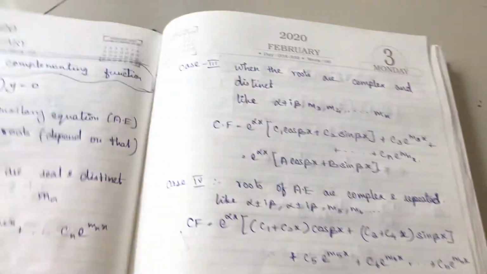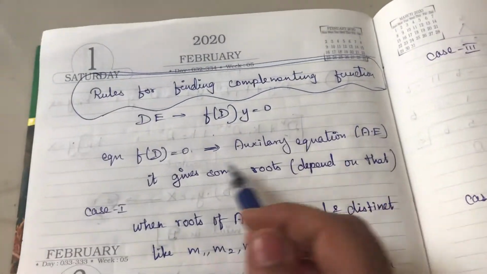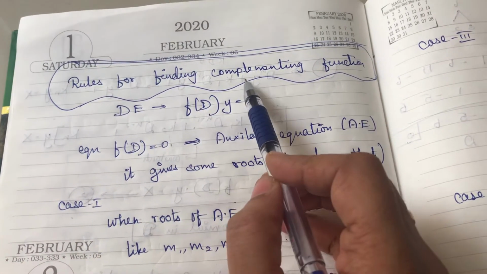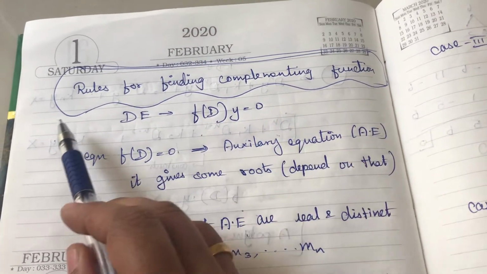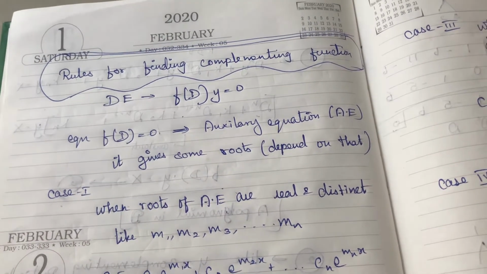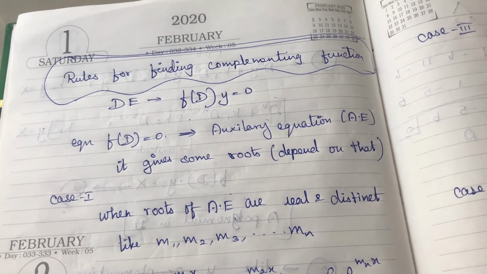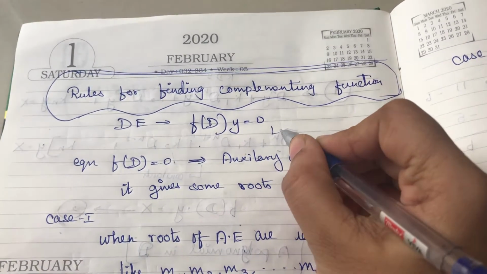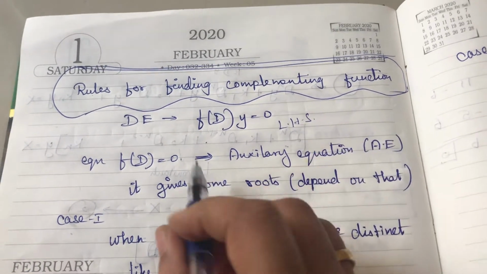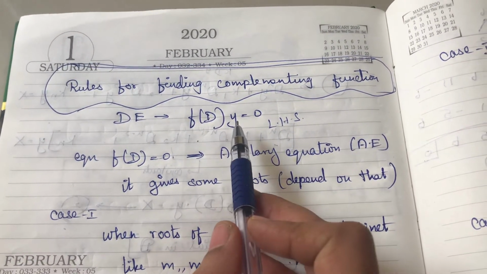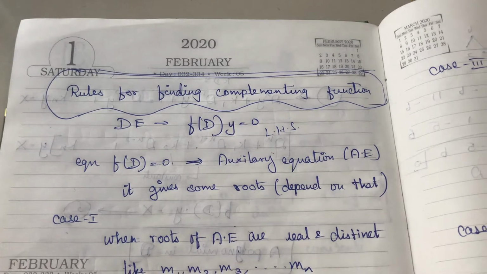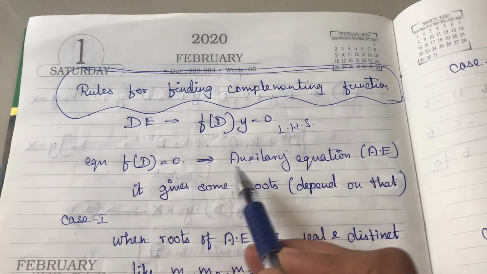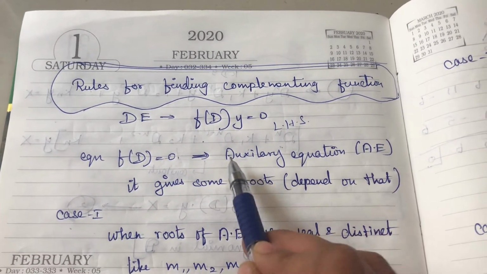First, to find the complementary function, there are some rules. We know the left hand side will be equal to 0, so f(D) y equals 0. If f(D) equals 0, this is the auxiliary equation.